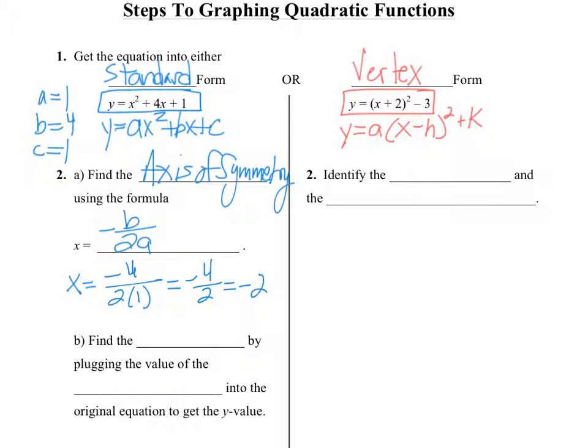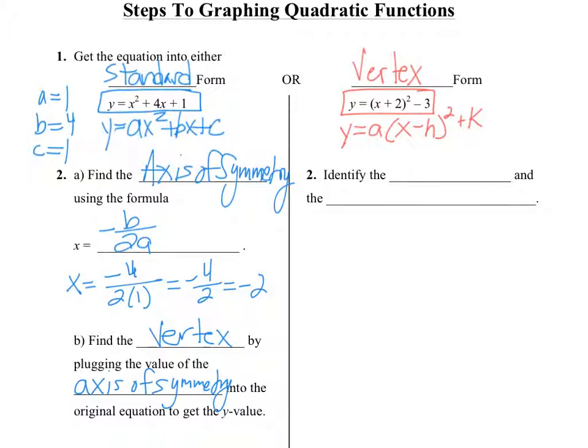Now, that axis of symmetry is going to help us in part B of step number 2 find the vertex. We can figure out the vertex by plugging the answer that we just got for the axis of symmetry into the original equation that we started with, and that's going to get us the y value.